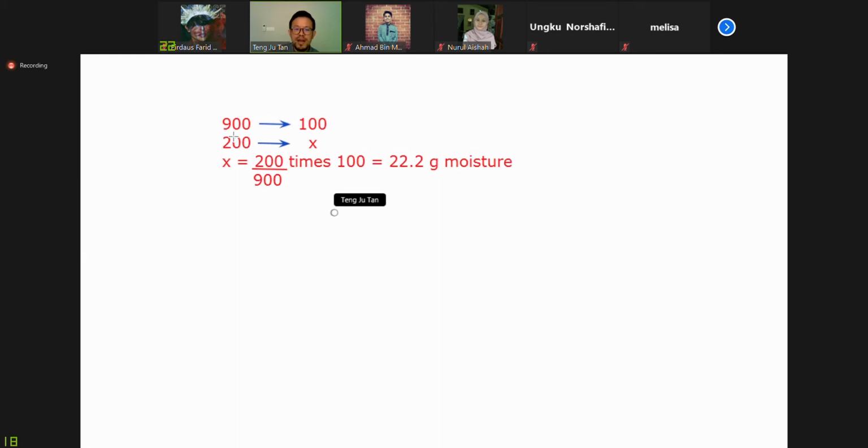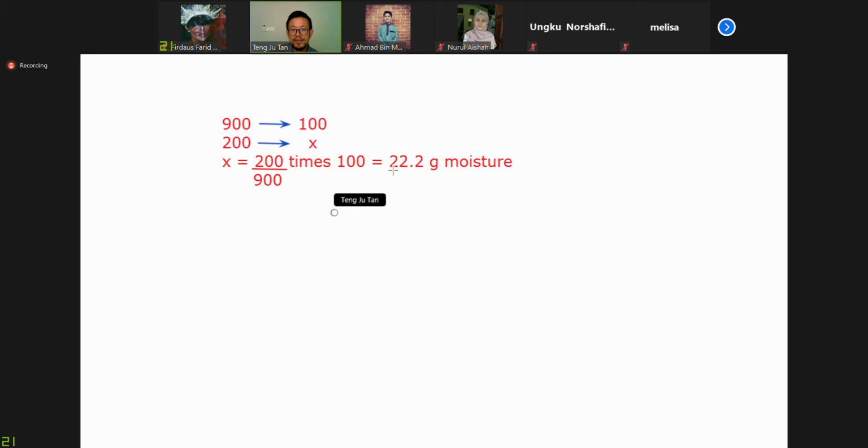So when you want to add 10% of moisture, at 200 dry matter, how much water will you have? You do 200 divided by 900 times 100, so you get 22.2 grams of moisture.